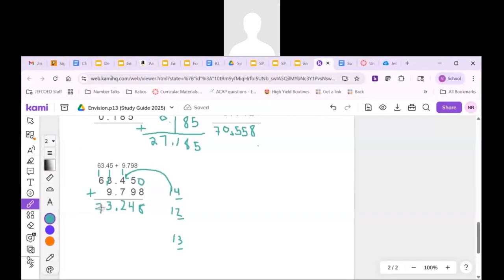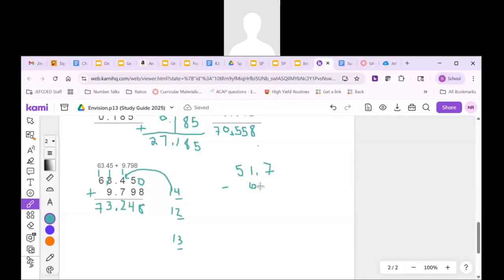Okay. Let's just do one more subtraction for fun. And we'll do 51 and 7 tenths minus, let's just take away 6.